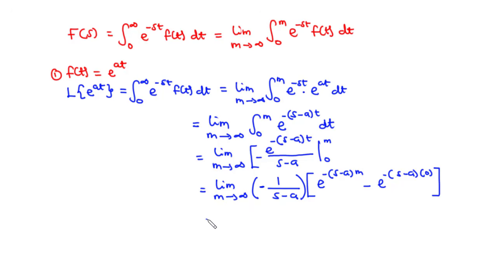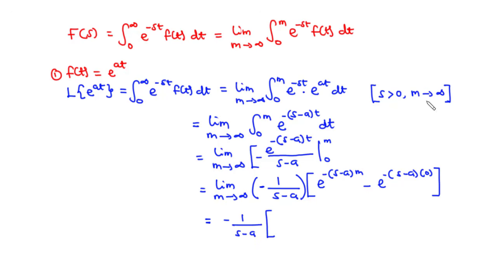Now in the next step, we are going to make two assumptions. First, we assume that s is greater than 0 and that m approaches infinity. Then we have negative 1 over (s minus a); the limit goes away, and we have this fraction multiplying.